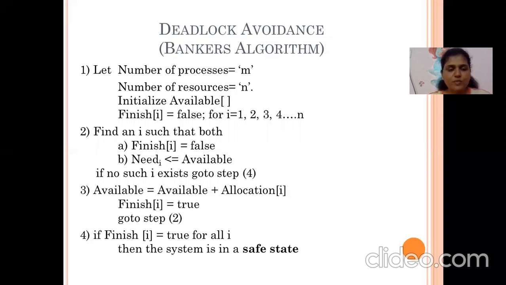After completion of that process, we update the available matrix, and we update the status of that process as finish of i equal to true, indicating it has completed its execution. And the last step is to check if finish of i for all the processes is true, which means all the processes have executed completely, and it indicates that the system is in a safe state. That means we can execute the processes in that sequence so as to avoid the error. Clear to all?